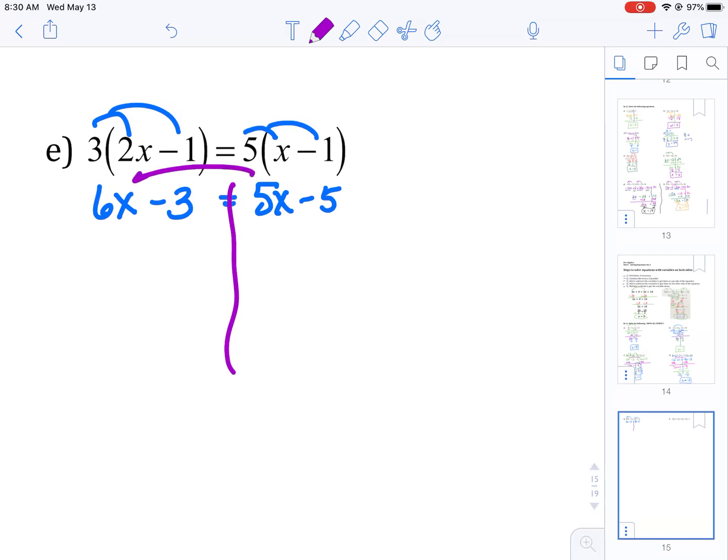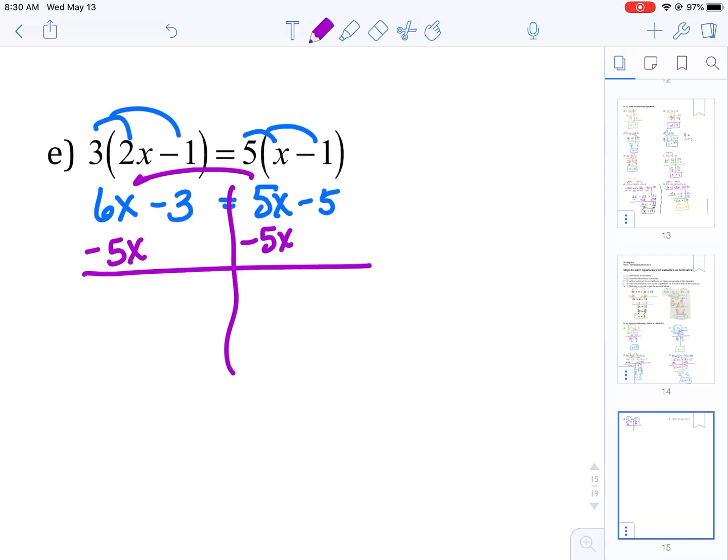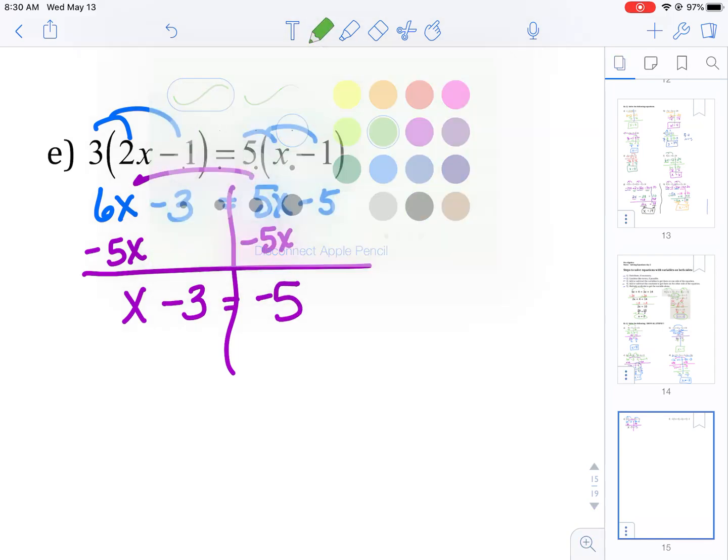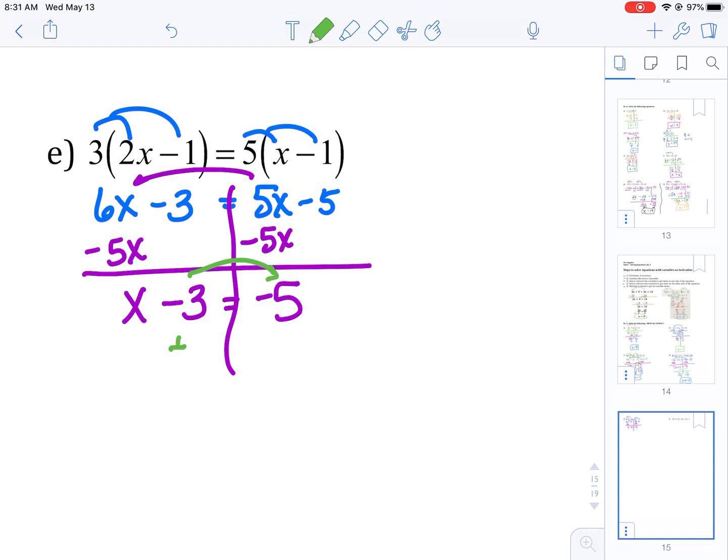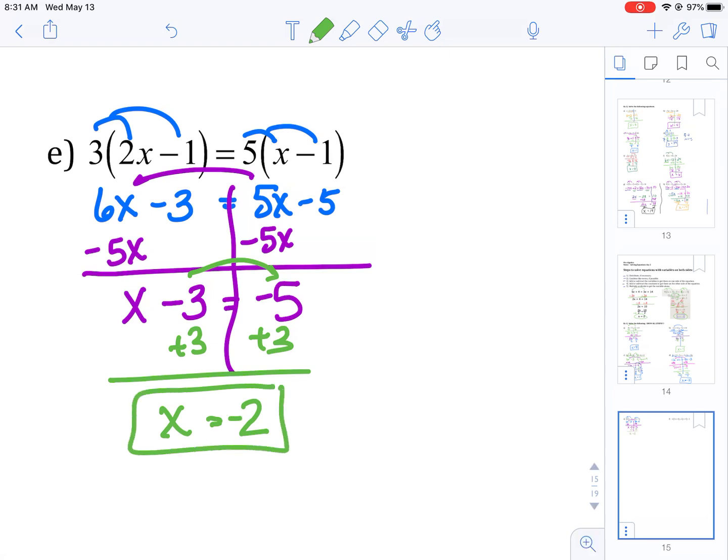So I want to get the variables to the left side. So that's minus 5x minus 5x. So I get 1x, or just x, minus 3 equals negative 5. Now move that 3 to the other side, so I get plus 3, and I get x equals negative 2.